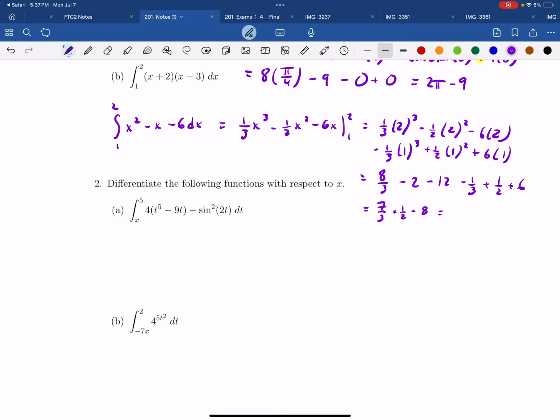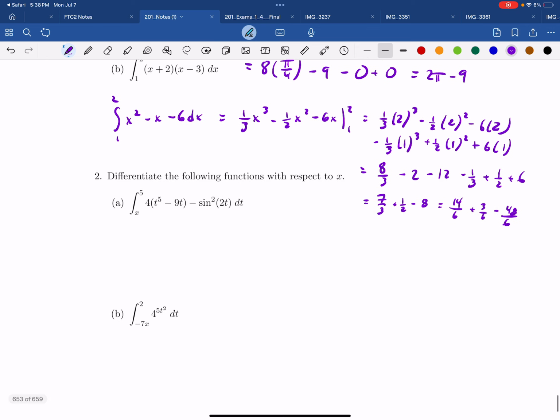Okay, and we could simplify that a little bit better if we wanted to, right? Let's make this all sixths, right? So this is 14 sixths plus 3 sixths minus 48 sixths. And that's going to give us, what is that? 17 minus, what is that? Negative 31 sixths. Okay. All right.